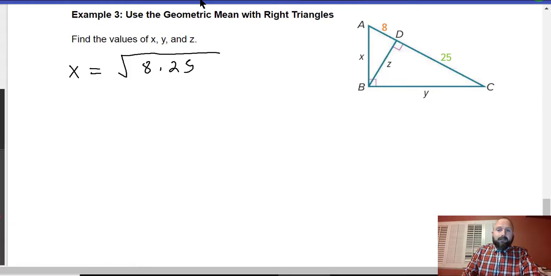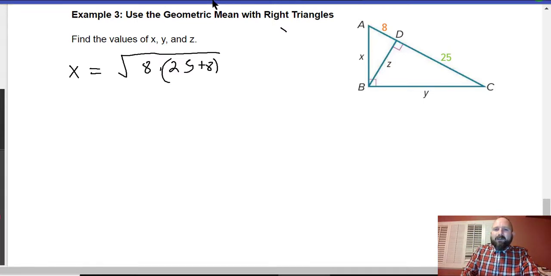Basically, this leg is equal to the square root of 8 times 25, or not 25. No, it's AC, so it's 25 plus 8. Sorry, guys. Forgot about putting it together.